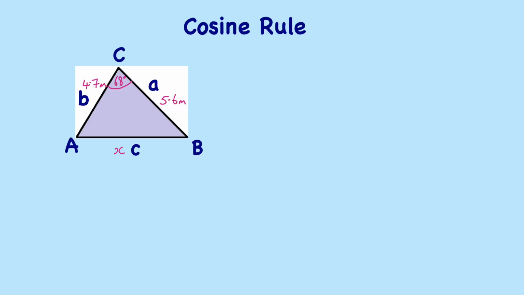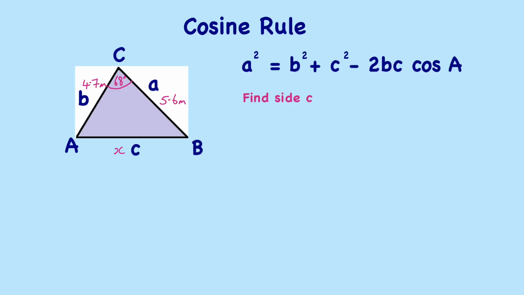So instead of having the formula in this format, if we're finding side C, we would rewrite it as this. So first thing we do is we'd put the side that we're trying to find by itself on the left hand side, and as above we have the side and its corresponding angle on the other side of the formula.